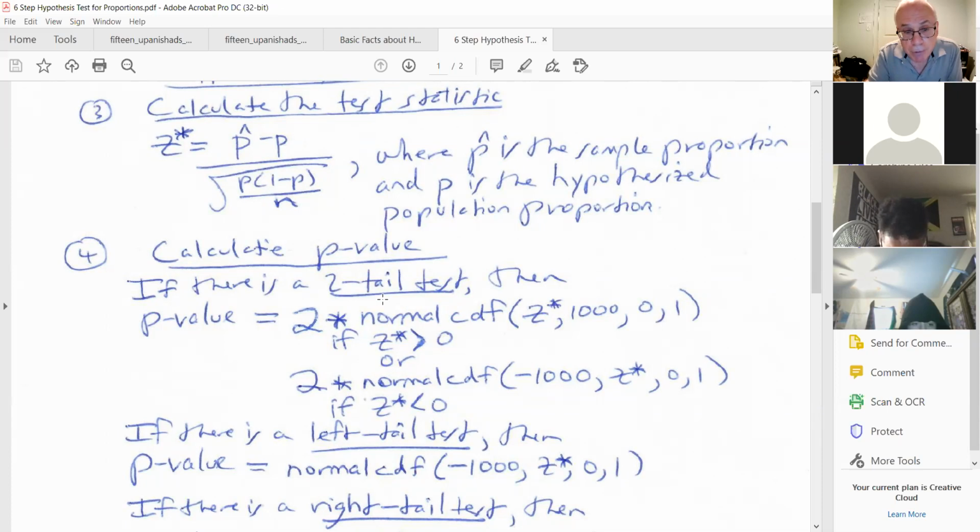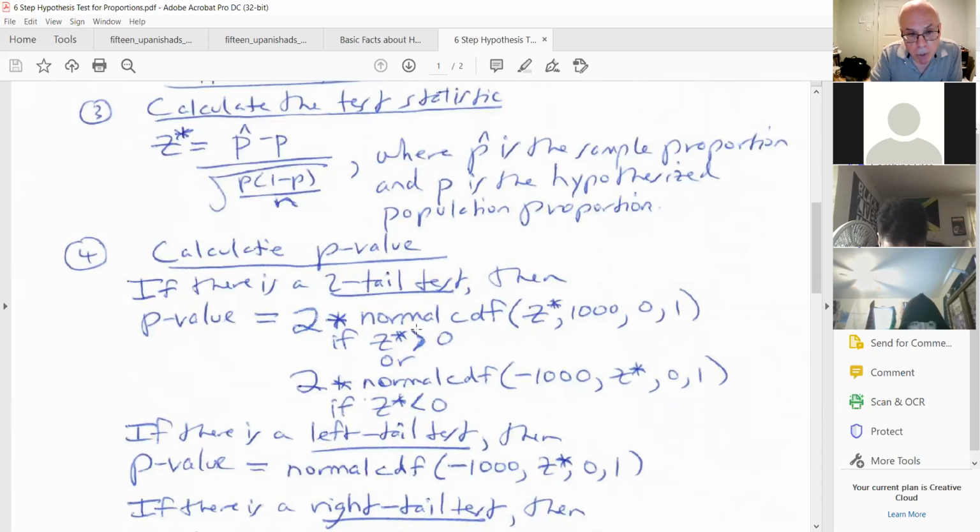If the answer is yes, then your p-value is going to be 2 times normalcdf, that's your calculator function. In parentheses, if your test statistic is positive, greater than 0, remember, a z has a mean of 0, so it's greater than the mean.